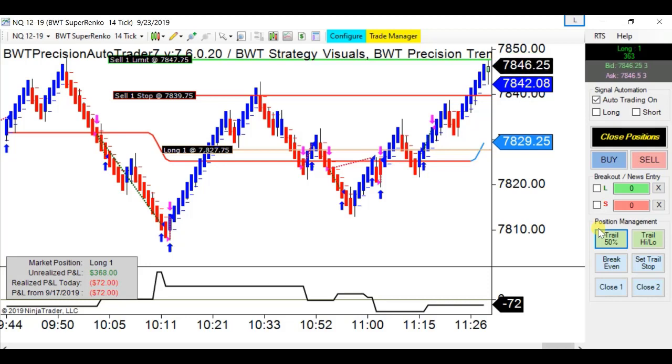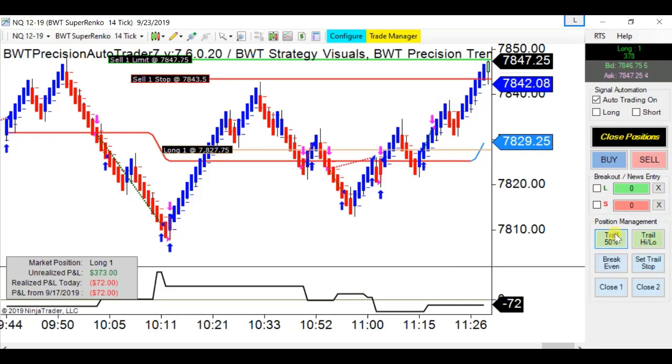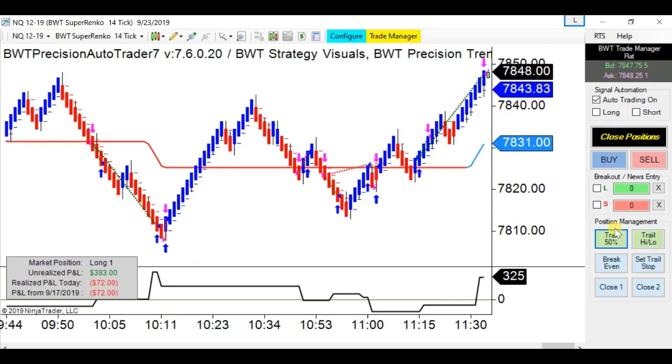Here's another attempt. Can they break that high? Moving up my stop again, because if they can't, then come on, there we go.